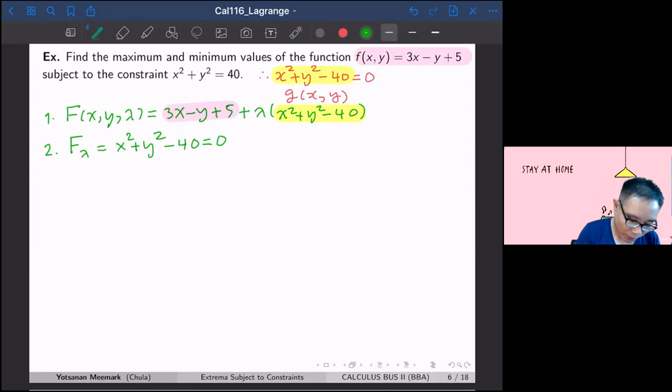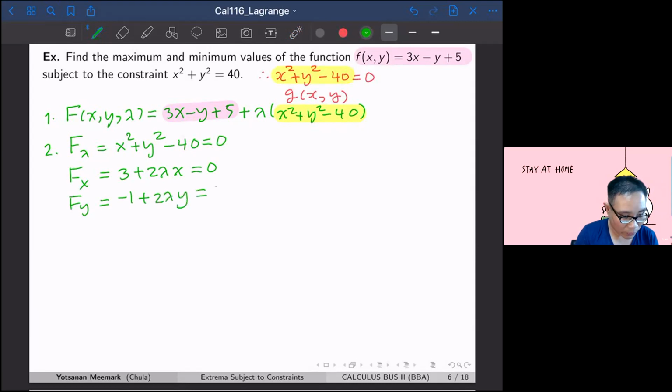Okay, and you have f_x. So for f_x, it's gonna be 3 plus 2 lambda x, and f_y equal to negative 1 plus 2 lambda y, each equal to 0. And this would give you, sorry, I solved for lambda.